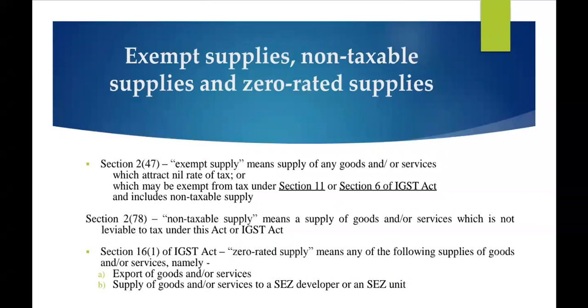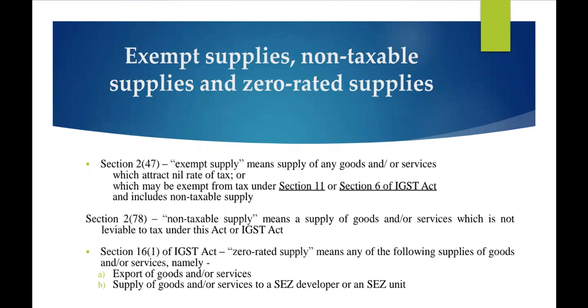To know this, the first thing we should know is about exempt supplies, non-taxable supplies, and zero rated supplies. As per section 2, subsection 47 of the CGST Act of 2017, exempted supply means supply of any kind of goods or services which attract a nil rate of tax, right?